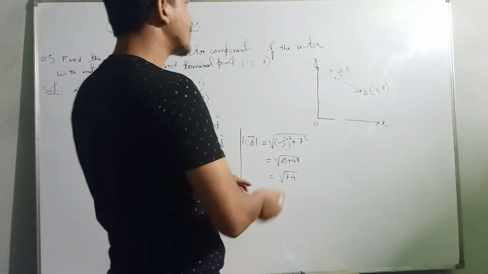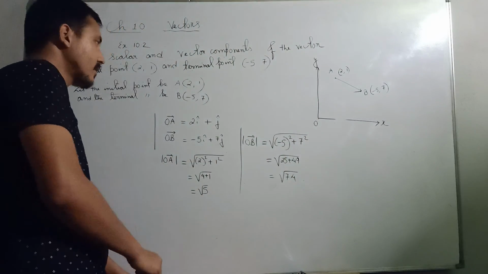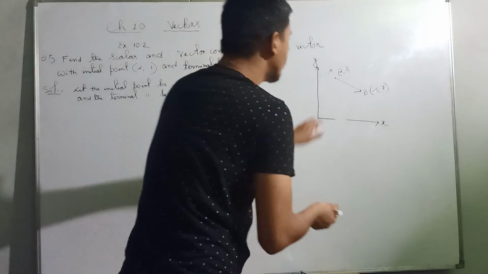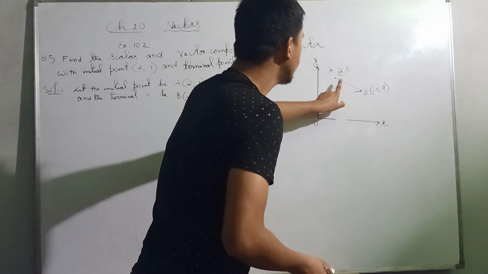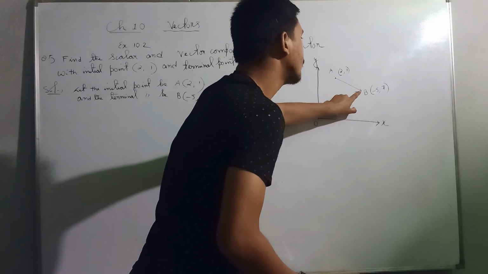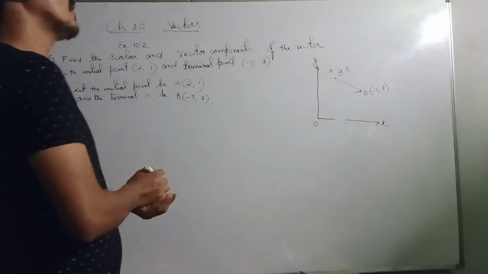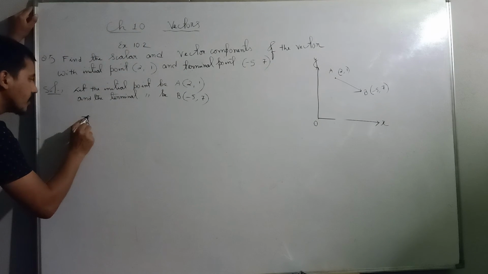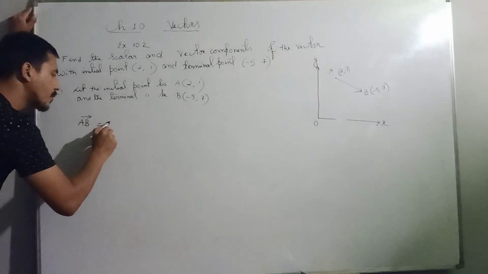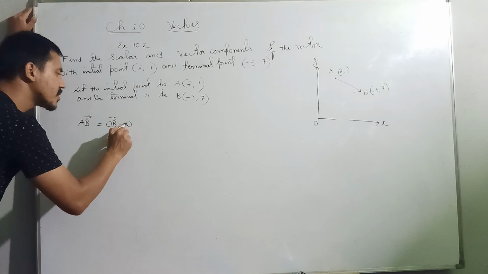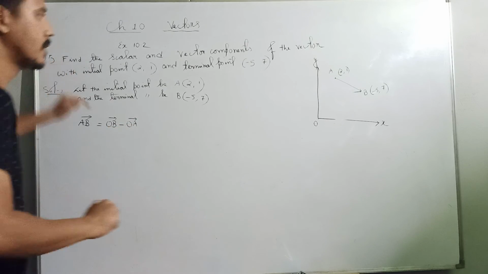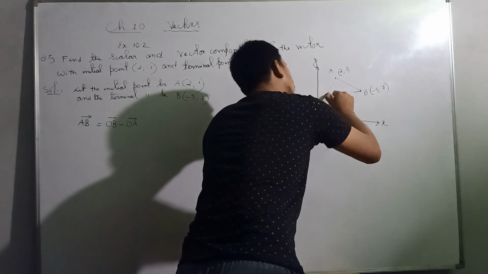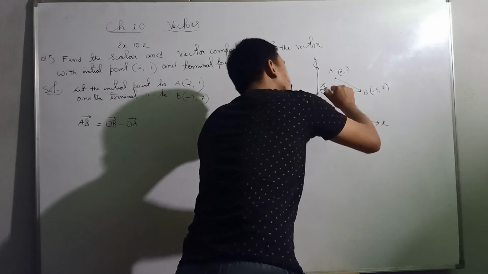Now, are you getting me? This is the problem of not reading the question carefully. So you want to find out a vector with initial point A and terminal point B. So a vector with initial point A and final point B will be given by vector AB. And vector AB means position vector of B minus position vector of A. So the position vector of A will be given by vector OA.